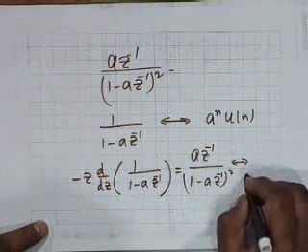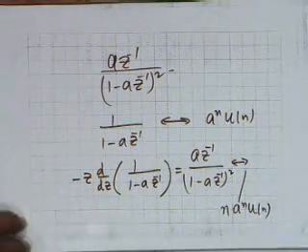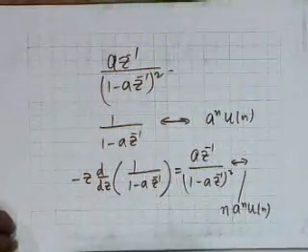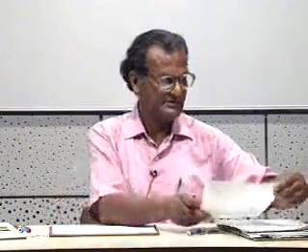Therefore, this must be the Z transform of n times a to the n u of n. All right. This theorem is useful in many situations where a complicated function can be inverted without much of a problem.